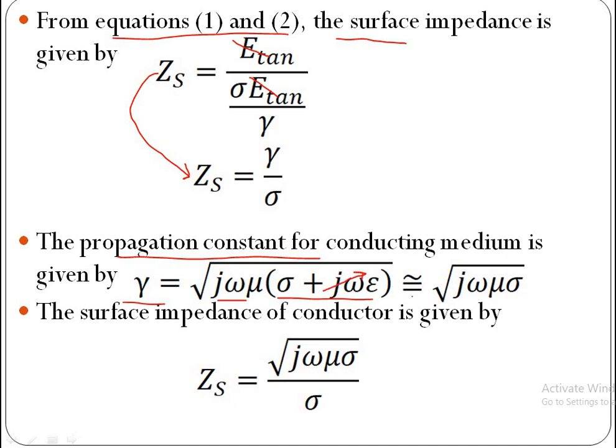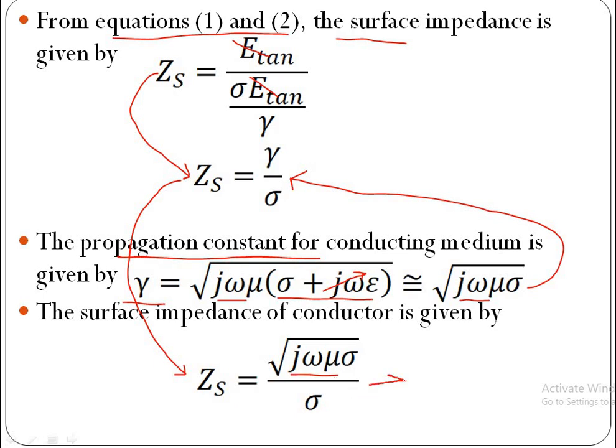Then this is approximately equal to square root of j omega mu sigma. Now substitute this value in this equation, then Zs is equal to square root of j omega mu sigma by sigma.